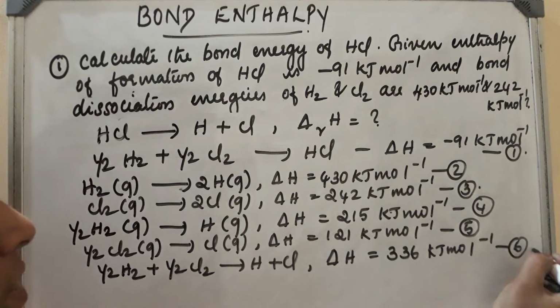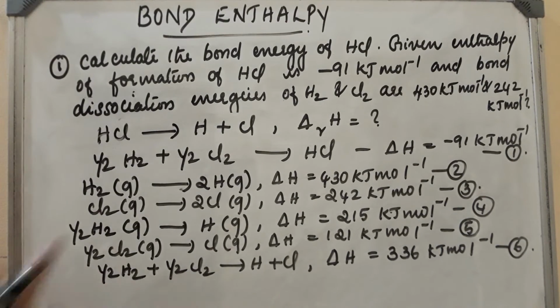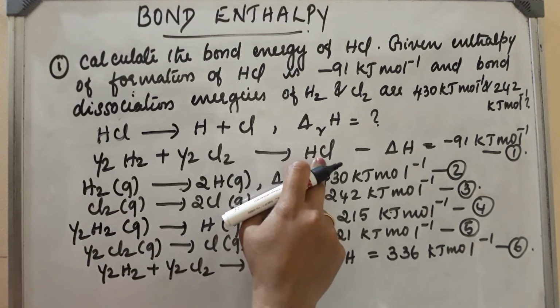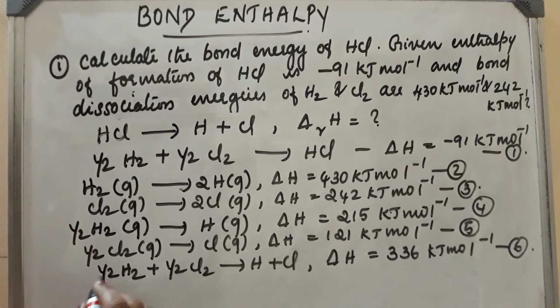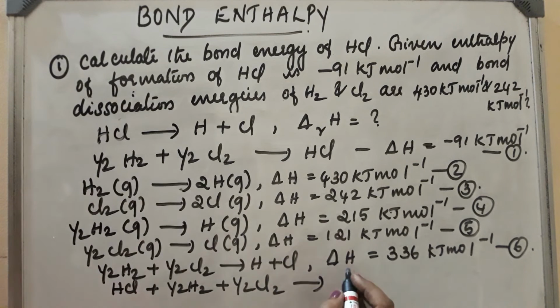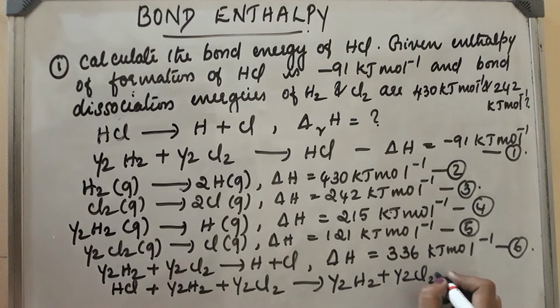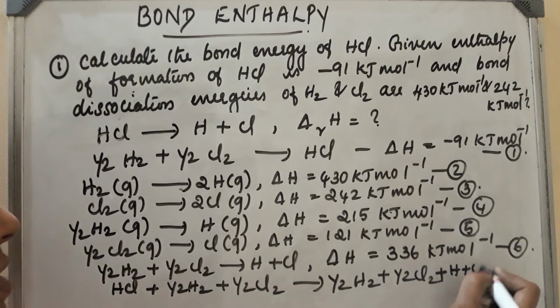This is equation 6. Next, what we have to do? We have to reverse this equation and add with this equation. If we reverse this equation, this RHS gets converted into LHS. So HCl plus half H2 plus half Cl2 gives half H2 plus half Cl2 plus H plus Cl. Equation 7.